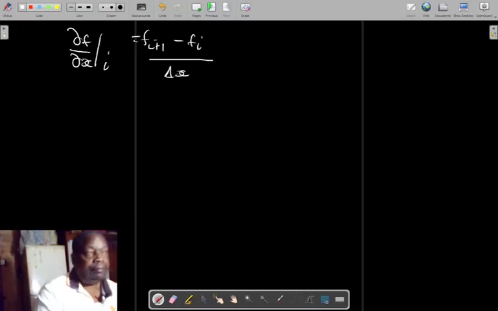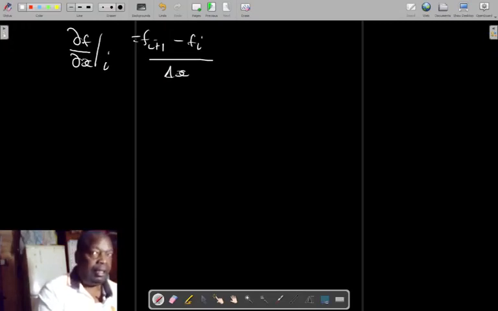So that equation can be written as df by dx at i is equal to (f_{i+1} - f_i) divided by delta x.